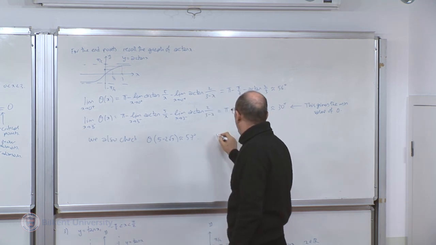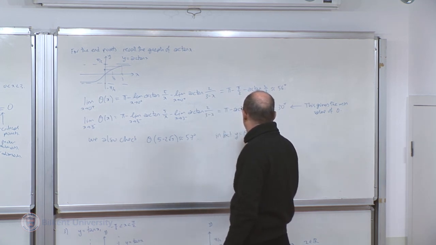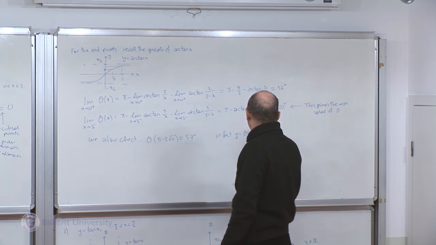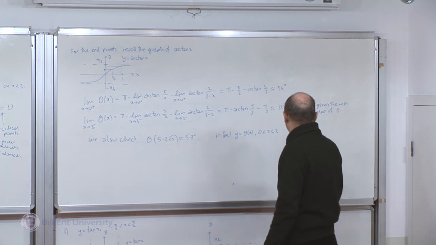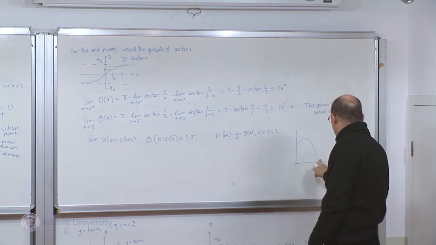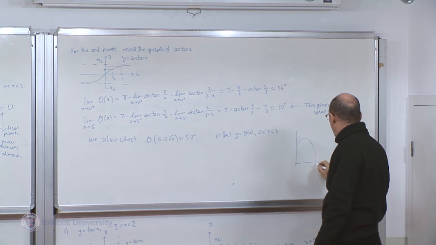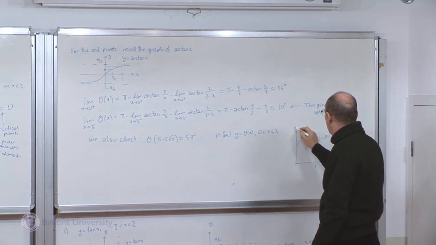Okay, so in fact, y equals theta of x for x between 0 and 3 is something like this. So it increases a little bit and then goes down to somewhere here. Okay, so this is x, this is y equals theta of x, this is theta.